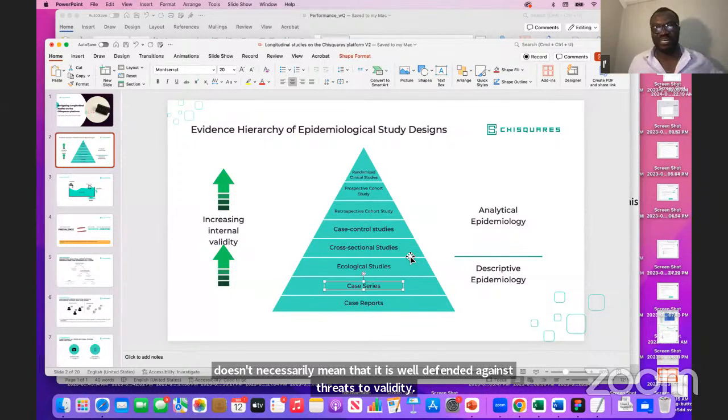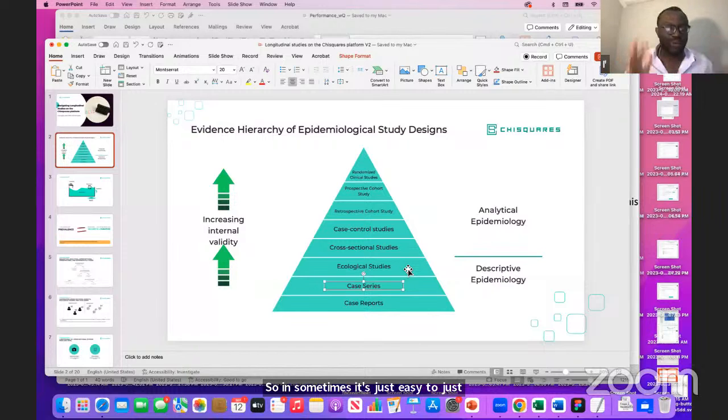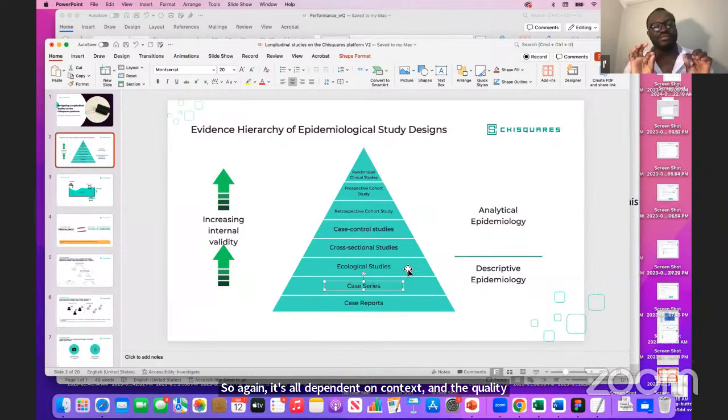You're going back over time, and the quality of the data is not so clear-cut. Sometimes it's just easy to say we have this data set, we're just going to do an exploratory analysis. When we have money and time, we're going to design a prospective study to look at the issues we are interested in. So it's all dependent on context and the quality of the data we will eventually get. Based on those decisions, we can decide what is most appropriate and most feasible given the resources we have.